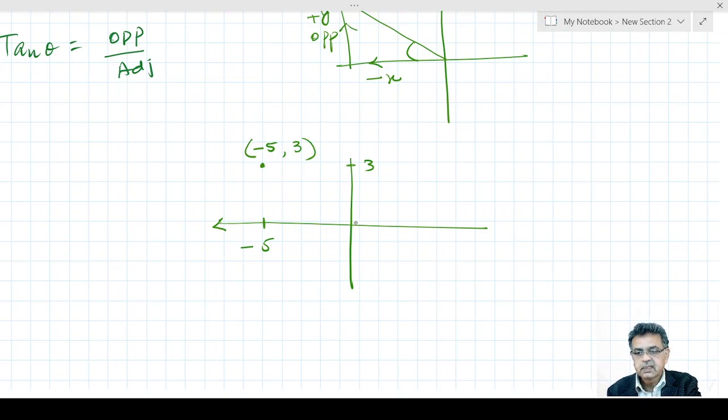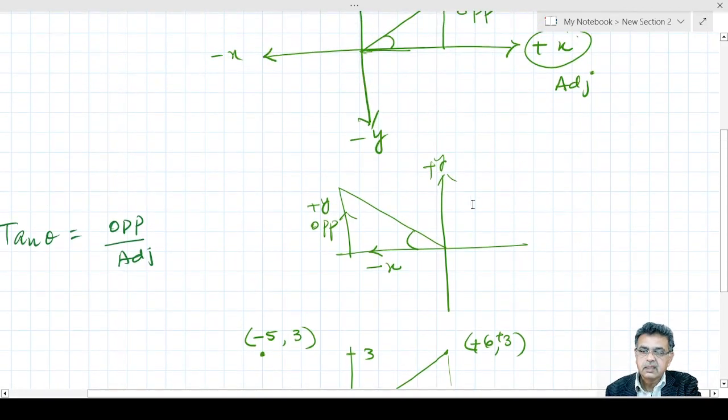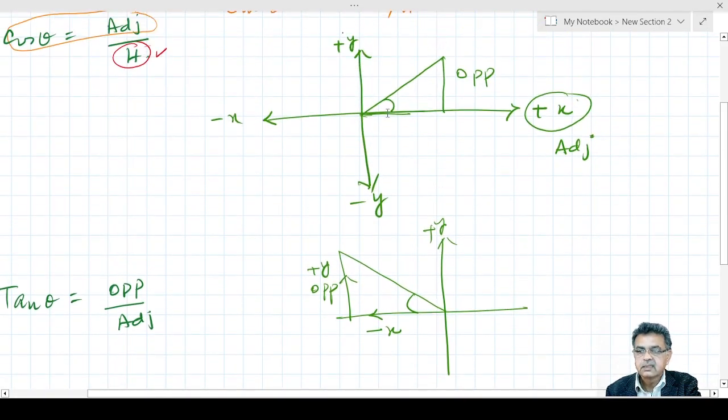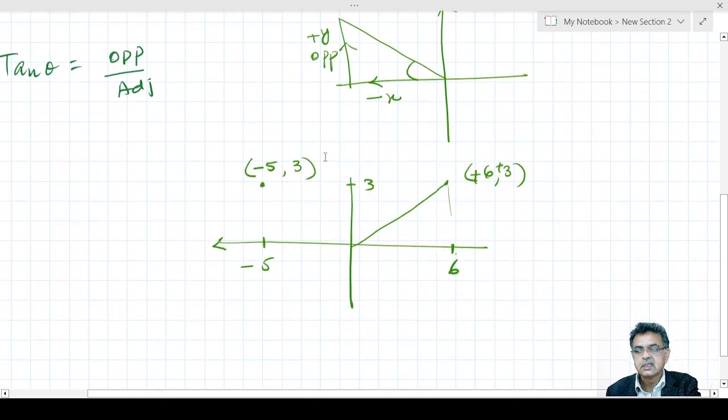In the first quadrant, if there is any other point, let's say this point is 6, 3. X is positive as well as y is positive. Here we discussed that the angle is always with the x-axis. So wherever x is positive, cos is positive, and wherever x is negative, cos is negative.